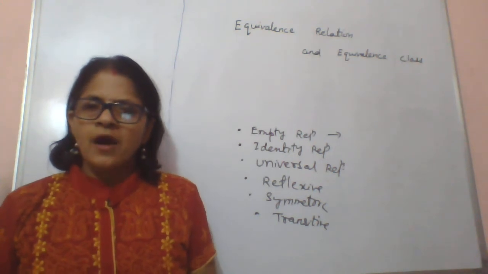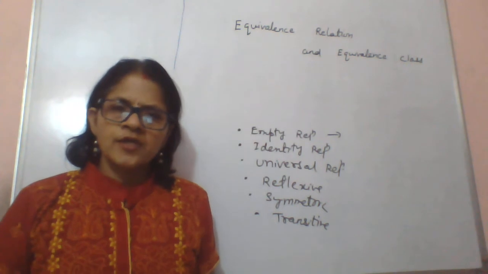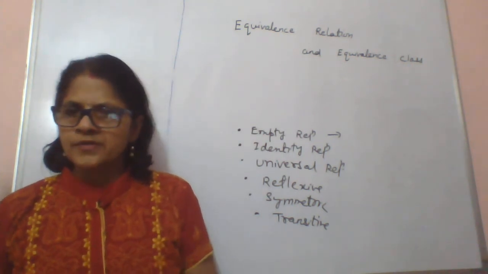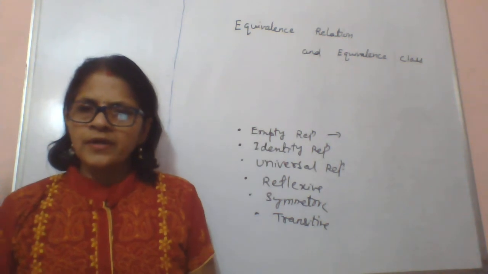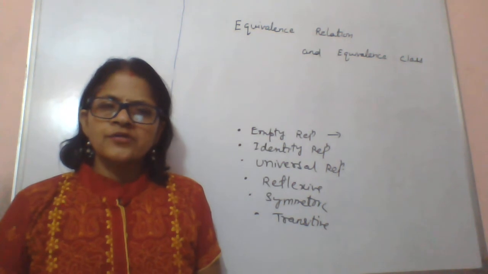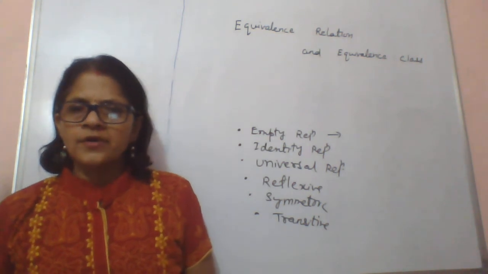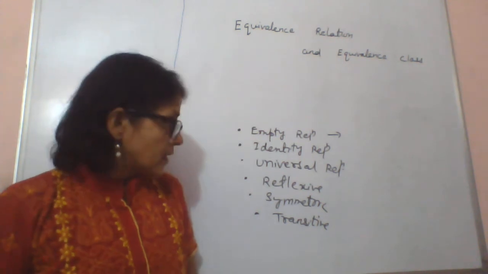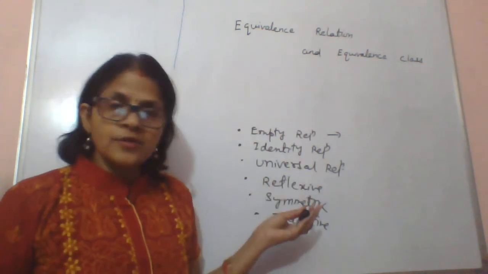It means R is a relation on the set of integers, R is a relation on the set of real numbers, or R is a relation on any set A. In that case, R is a subset of the Cartesian product A cross A. And we have also taken 6 types of relations.